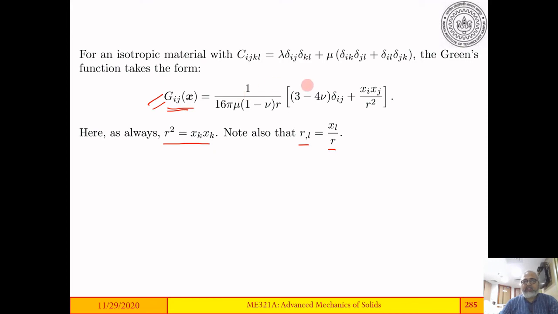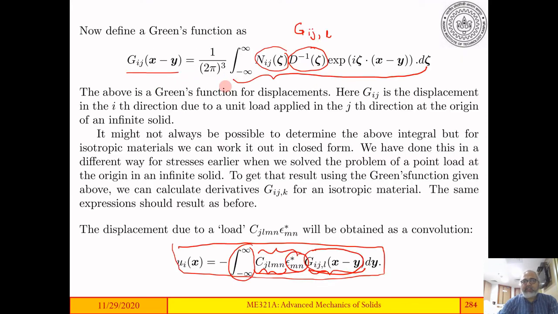Okay, so this is the Gij for an isotropic material, which is obtained by evaluating this integral with Nij over D inverse for an isotropic material. Once you have done that, you take its derivative, plug it in here, and you find the ui. Okay, it may still be complicated.